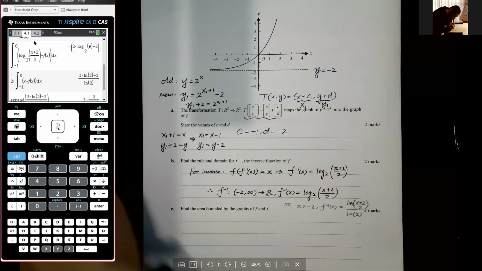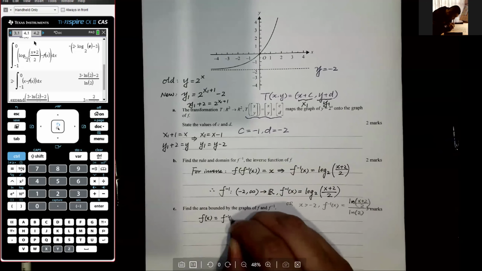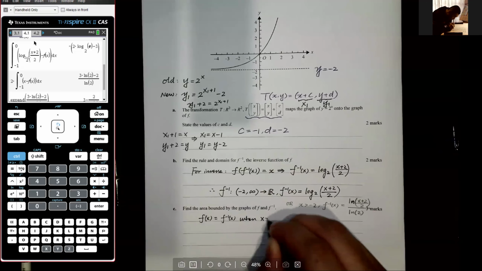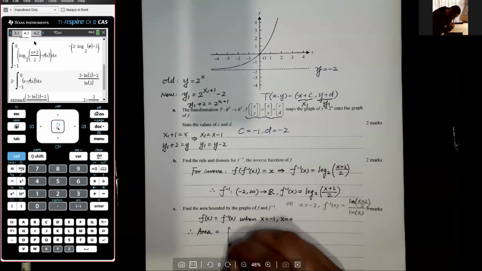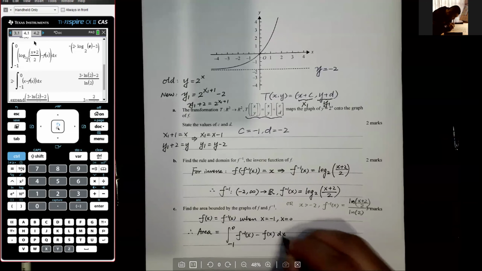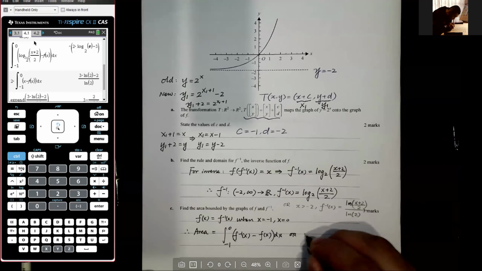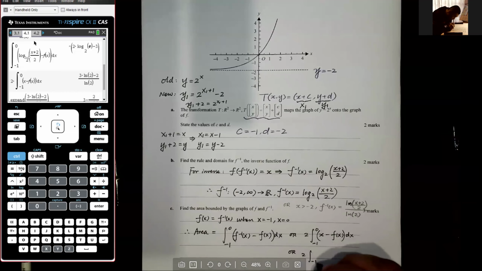For the area bounded by the curves, I say f of x equals f inverse of x when x equals minus 1, x equals 0. So the area equals the integral from minus 1 to 0 of f inverse of x minus f of x, dx. Or 2 lots of the integral from minus 1 to 0 of x minus f of x, dx. Or 2 lots of minus 1 to 0, we say f inverse of x, take away x, using the symmetry.